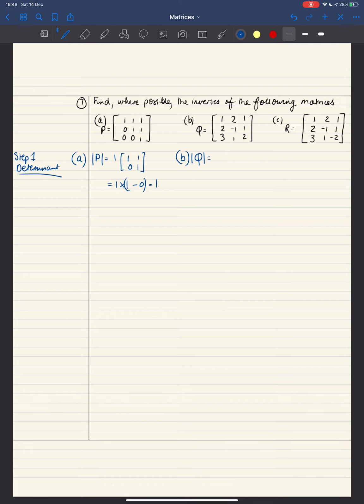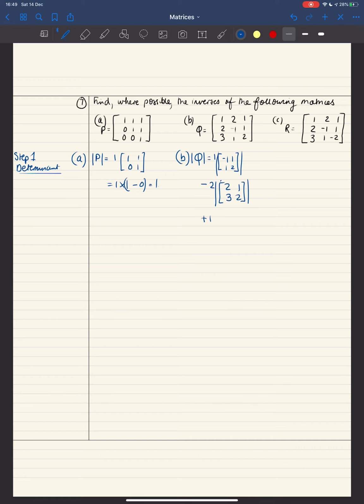The ones where it says if possible, so if the determinant comes up as 0, then it's not possible. So this is going to be 1 times the determinant of minus 1, 1, 1, 2. Then minus 2 times the determinant of 2, 3, 1, 2.